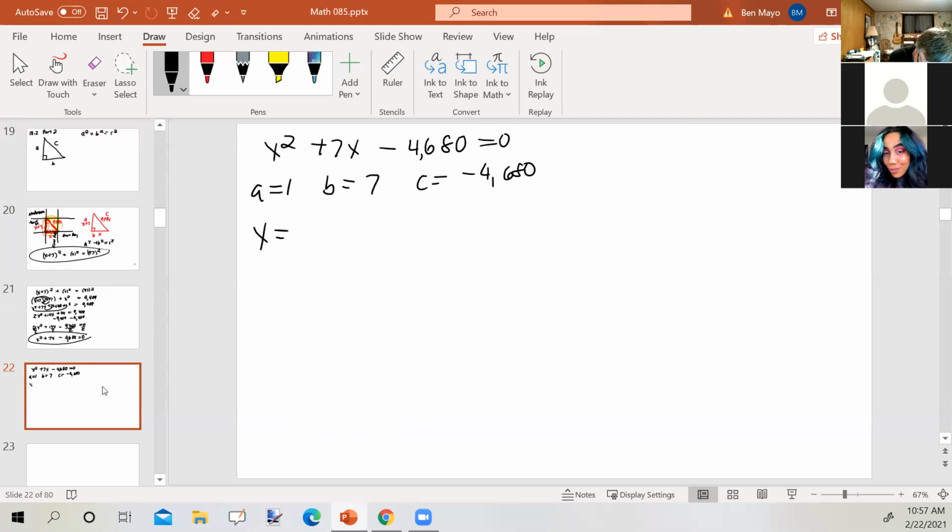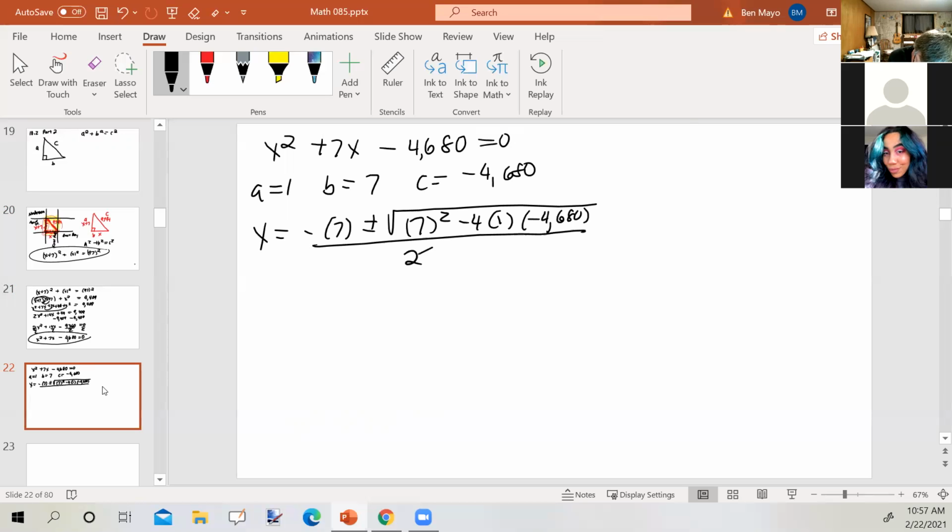Okay. x is negative B plus or minus the square root of B² minus 4AC, all over 2A. x is negative 7 plus or minus the square root of 49. Now, let's see, what have I got here? I've got negative 4 times 1, which would be negative 4, and then times negative 4,680 comes out to 18,720.